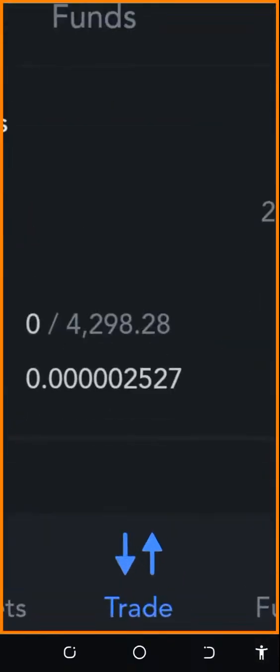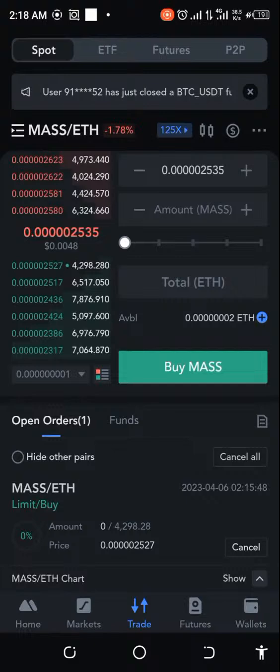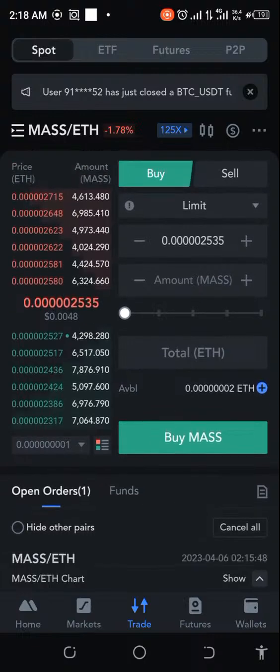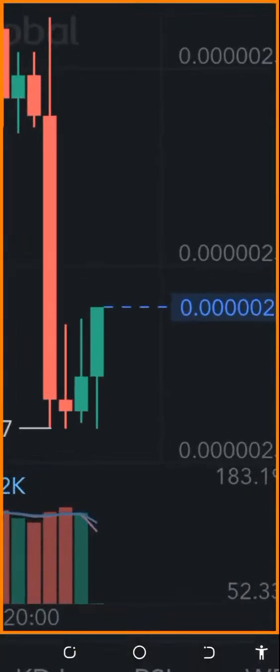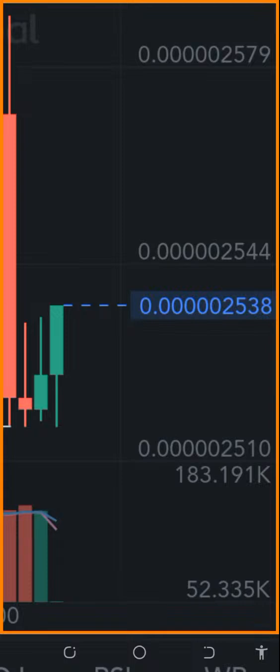Okay, what we wanted to buy, we bought it at, this is 2527. So this has to go down to 2527. Okay, 2527 means that I have to see this price go down. Let's see. The price is currently 2535. So it has to go down to 2527.